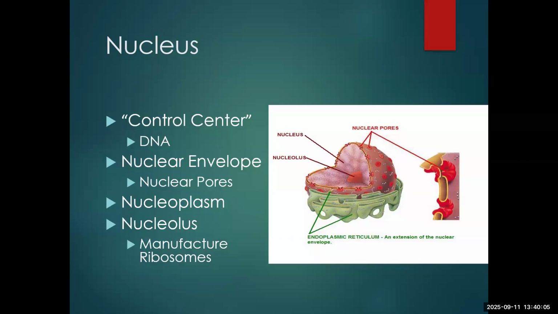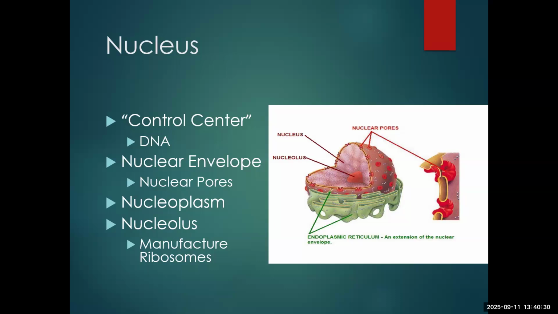DNA. DNA is the control of the cell because it tells the cell when to build proteins and what proteins to build. So basically it controls a process which is called protein synthesis.